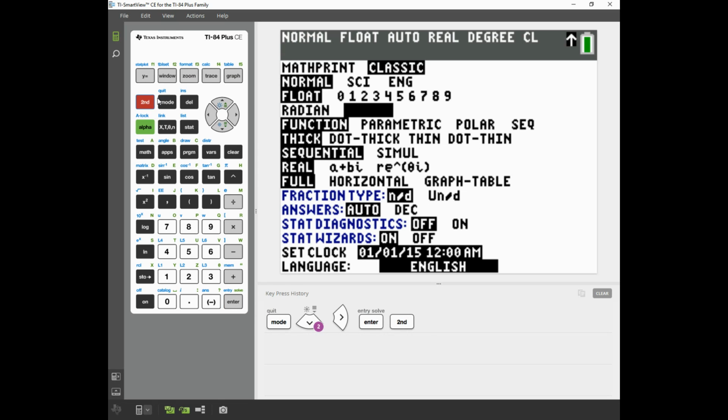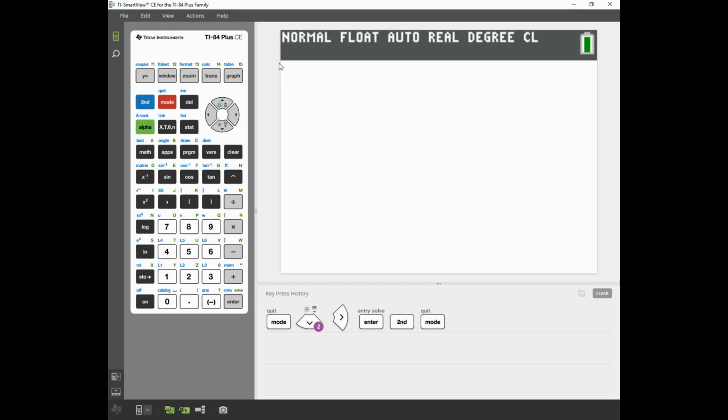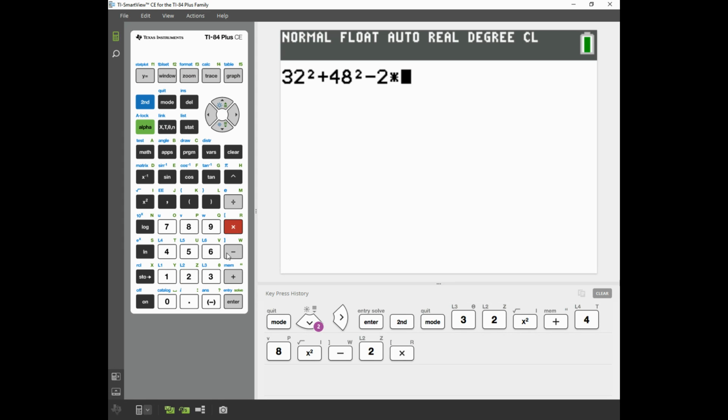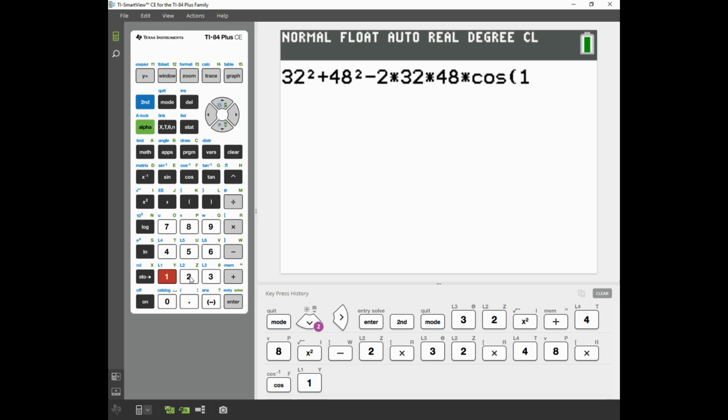So we're in degree mode, and I'm just going to type the radicand, the part under the radical, first. 32 squared plus 48 squared minus 2 times 32 times 48 times cosine of 125.2.